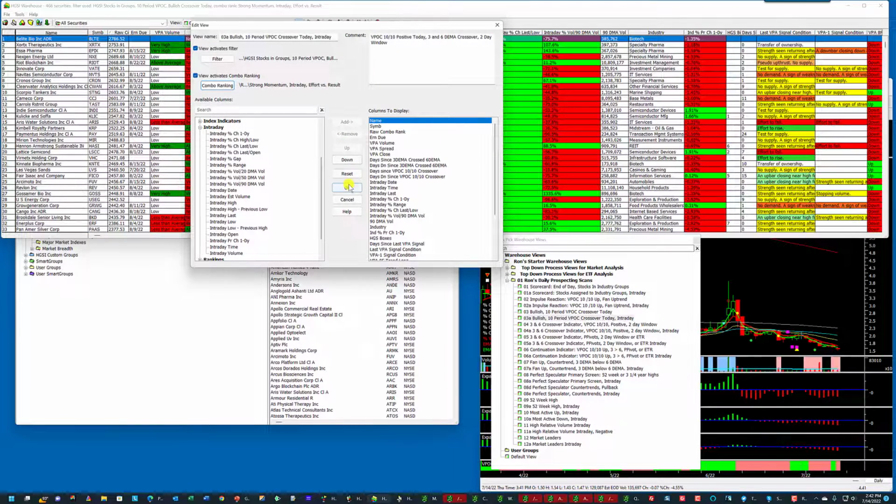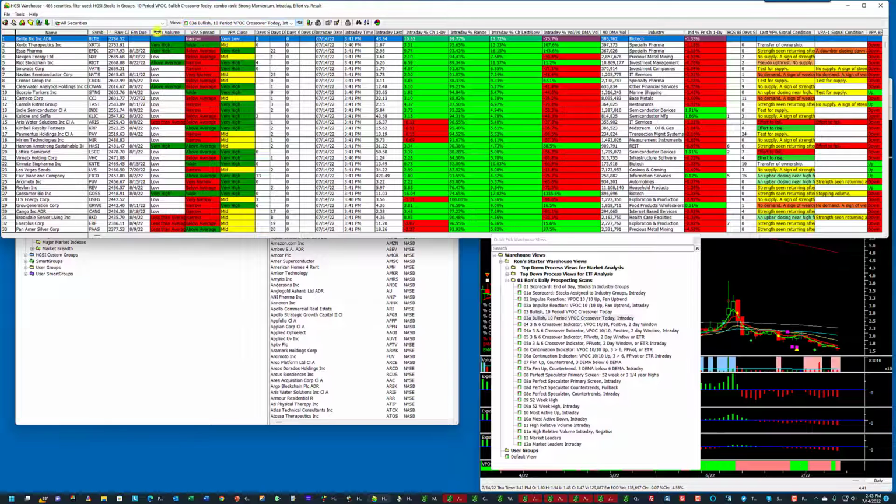And what that does is it gives me a list that is showing me strength. Notice that this is weighted the most at 50%. It says that BLTE is up 13.72% from its intraday low, trading at nearly 100% of its daily range, and the price change is 10.62%.